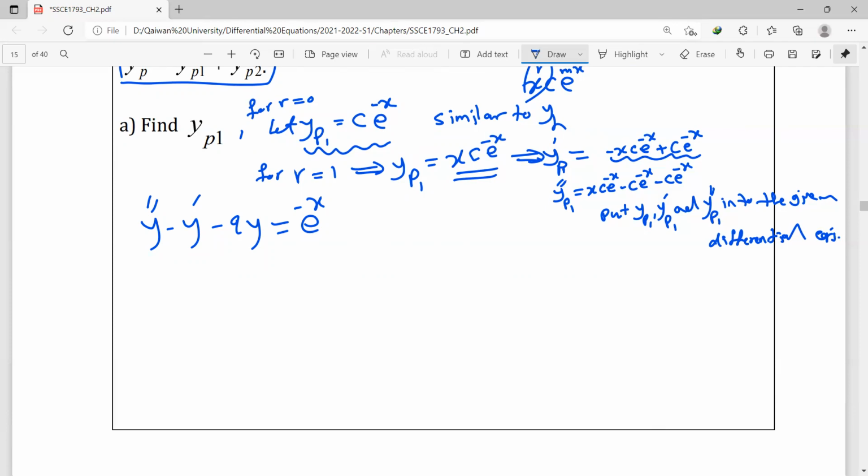Now, y double prime is x c e to negative x, and it could be simplified more. We get x c e to negative x minus 2 c e to negative x, and this is y double prime. Then minus y prime. Y prime is minus x c e to negative x plus c e to negative x.